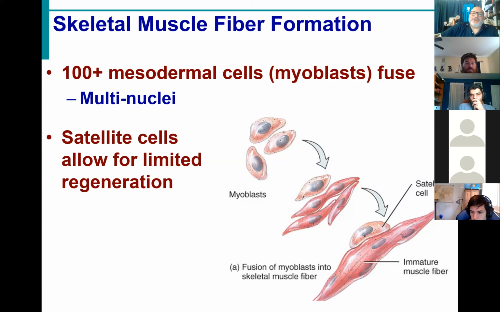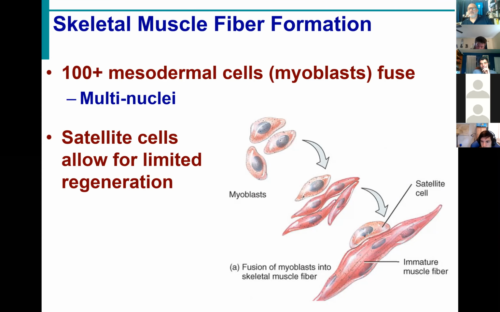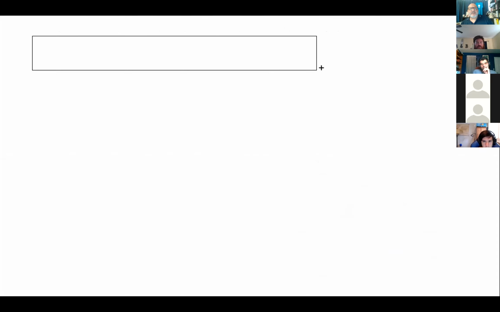Now, would they be bigger because we made more muscle cells? No, as it turns out, that's not how muscle cells primarily grow. Instead, we have a muscle cell, that long cylinder cell.